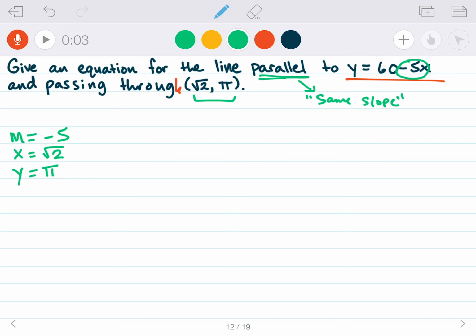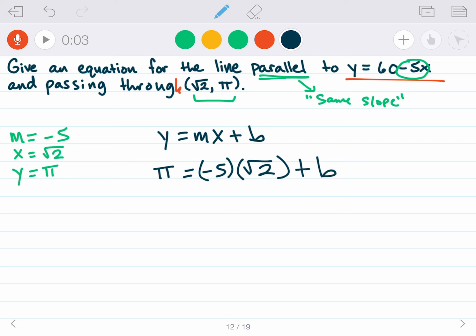And so we can use y equals mx plus b to figure out what b is. So y is pi, so I'll replace y with pi. So we have pi equals m, which is -5, times x, which is root 2, plus b. Now, when I multiply -5 times root 2, it's simply -5 root 2 just squished together like that.